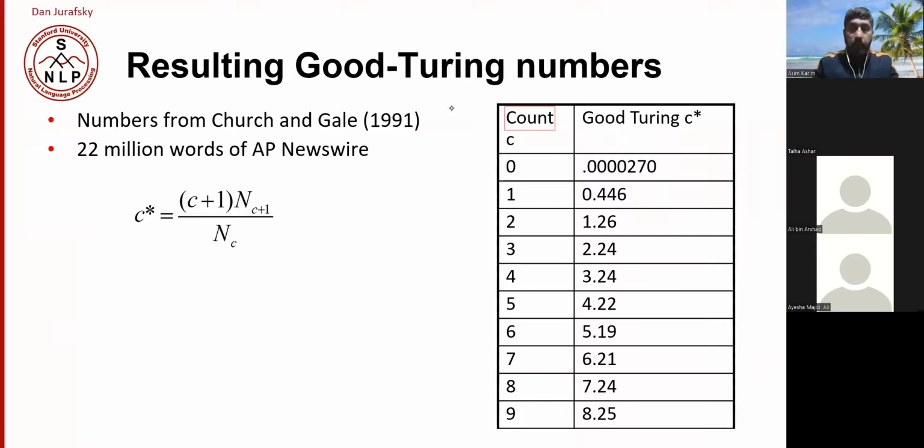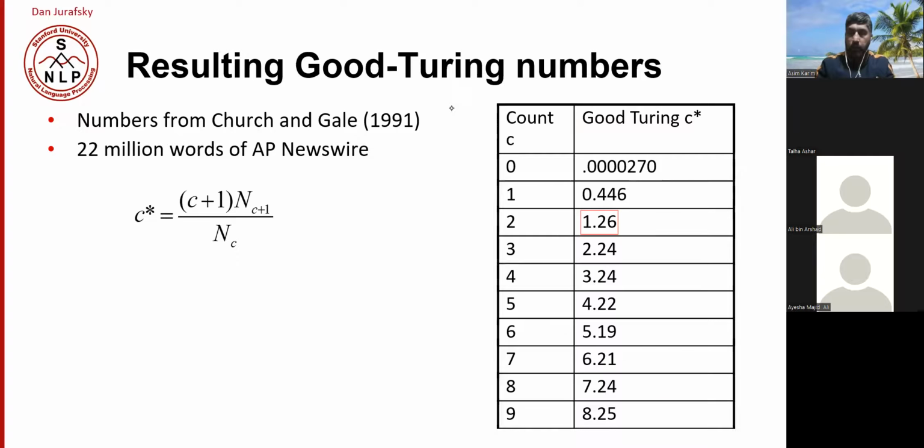So if you look at the resulting numbers for some practical data set, the actual count and C star: if the actual count is 0, C star is of course 0 point something. If the actual count is 1, the C star is 0.44.